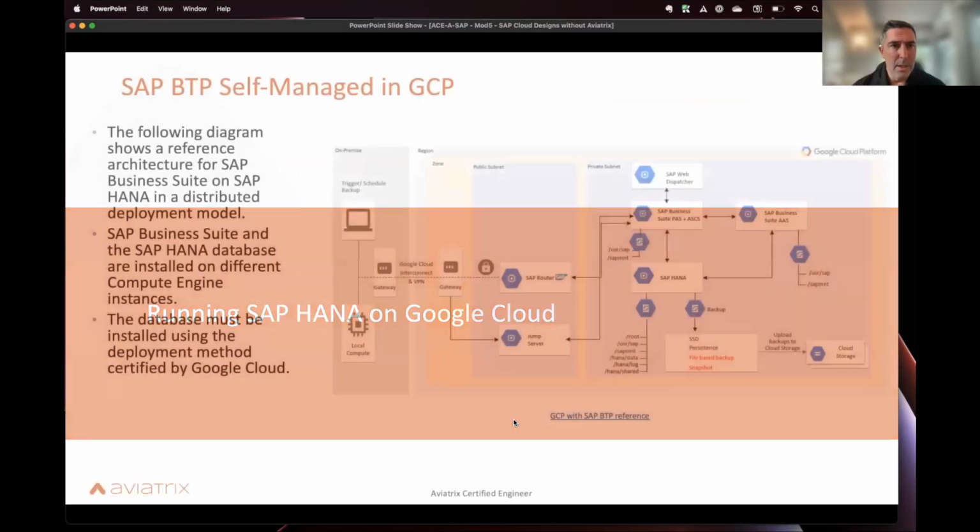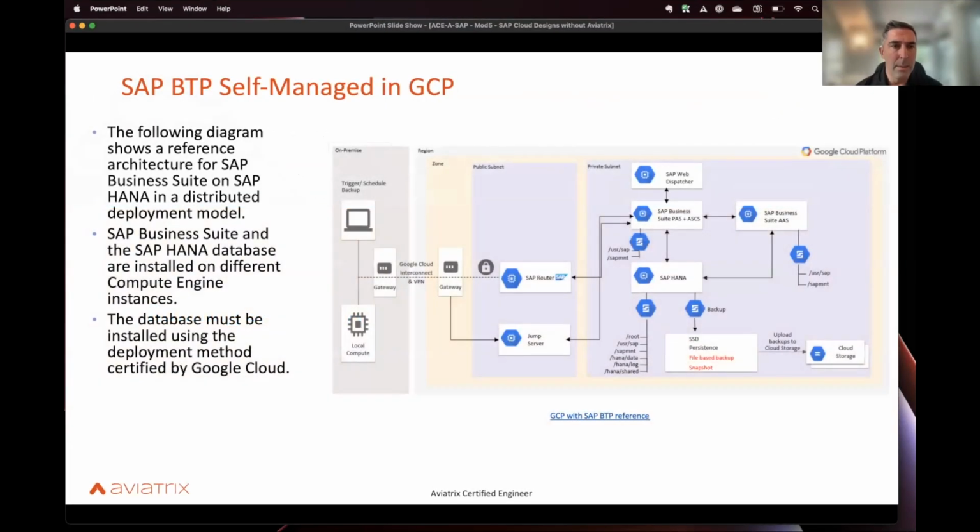So what does this look like on Google? This is their reference architecture. You have your same on-prem. You have a gateway with Cloud Interconnect, which is similar to an ExpressRoute or Direct Connect circuit that terminates on a gateway.